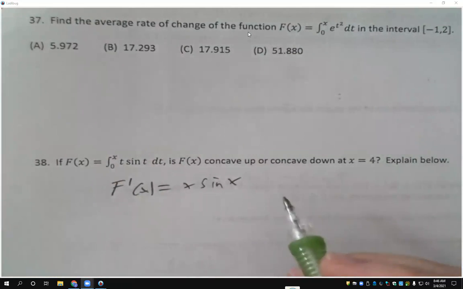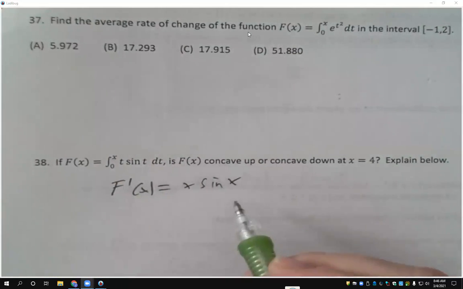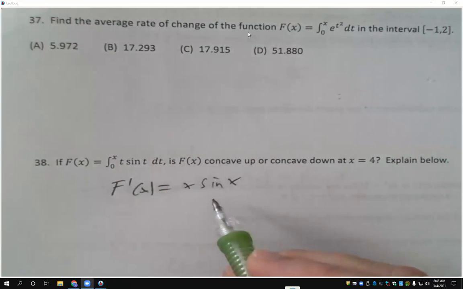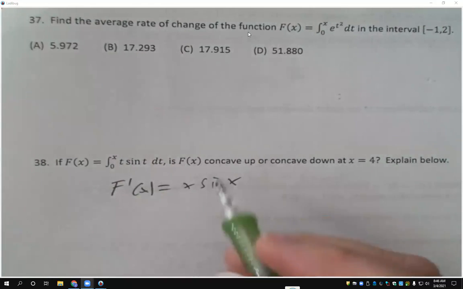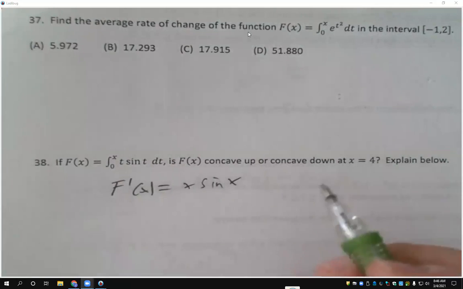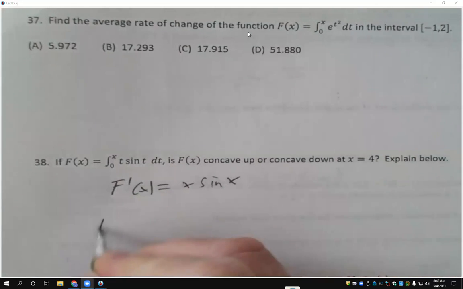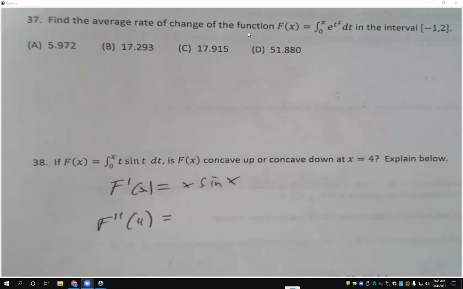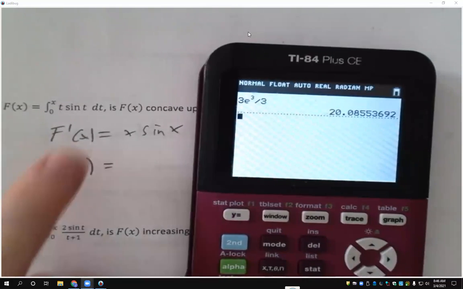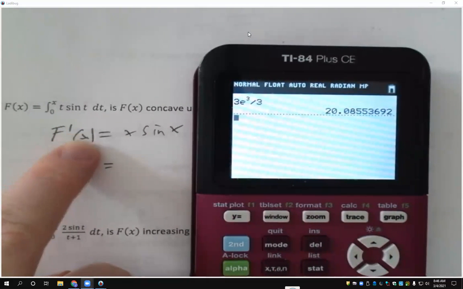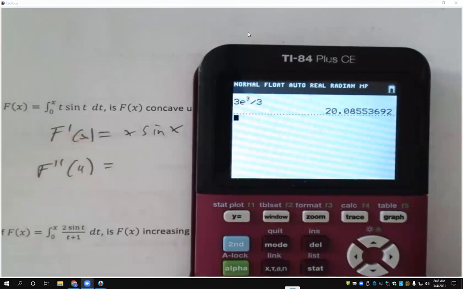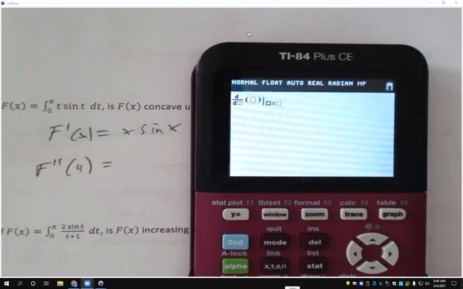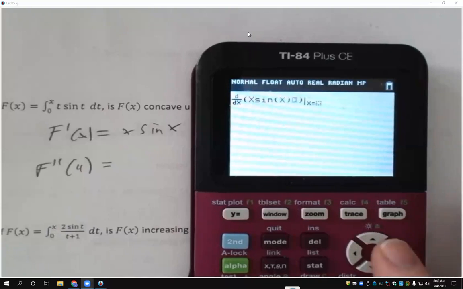I am not going to do this derivative by hand because that's a product rule with trig functions. It's just a pain. So I'm just going to do F double prime of 4 in the calculator: Math option 8, d/dx, and then x sine x at 4.